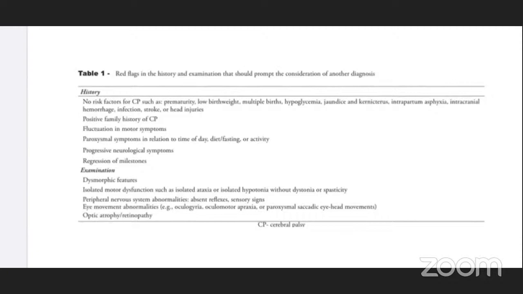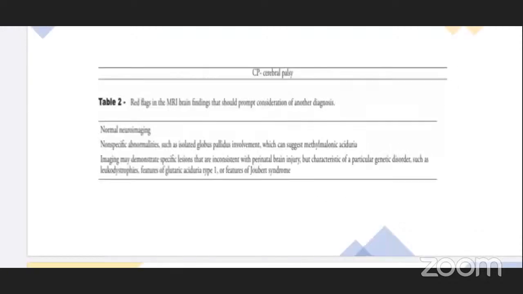For the examination, red flags are dysmorphic features, isolated motor dysfunction such as isolated ataxia, isolated hypotonia with no dystonia or spasticity, peripheral nervous system abnormalities like absent reflexes, sensory signs, eye movement abnormalities, oculomotor apraxia, paroxysmal saccadic eye-head movement, and optic atrophy or retinopathy.